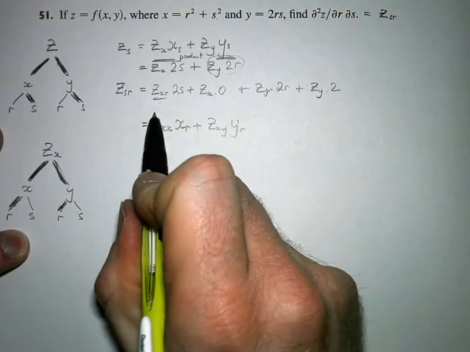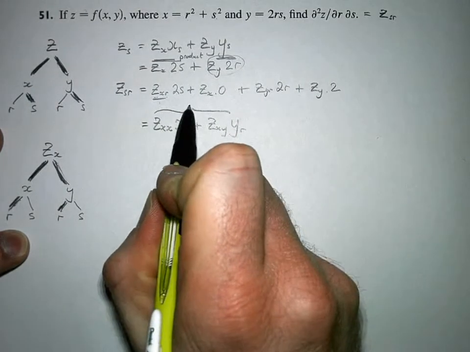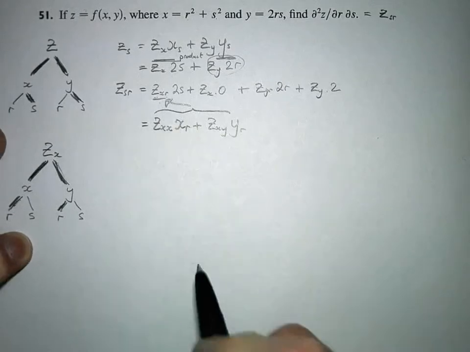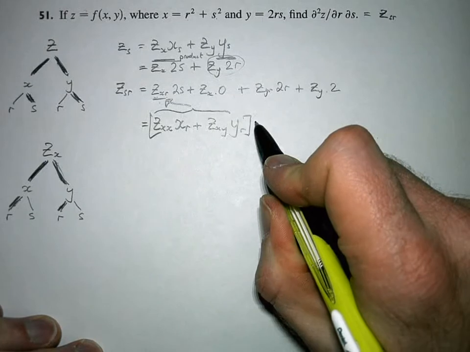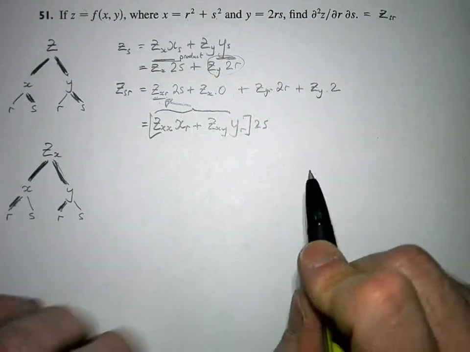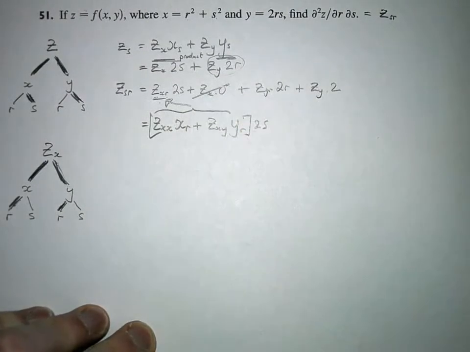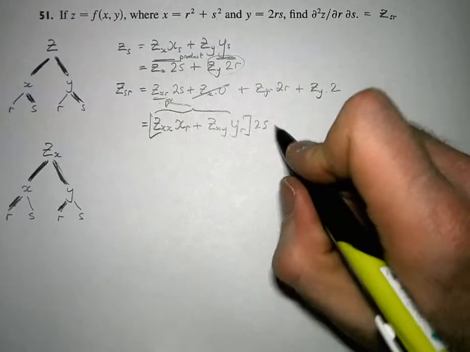That is, this whole piece here is that over there. And of course we need to multiply that by 2s. Plus, well, that one disappears quite nicely.